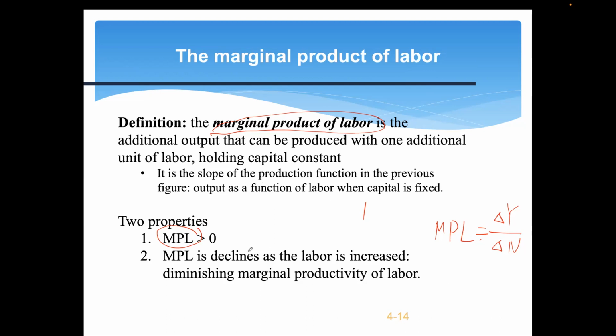Secondly, MPL is declining as labor is increased, and this is called diminishing marginal product of labor. And why is that? One way to interpret it: the more workers you have, the more crowded the workplace becomes. You have more workers to share the fixed amount of resources, and hence the additional worker is going to bring you less product. That's behind the diminishing marginal product of labor.